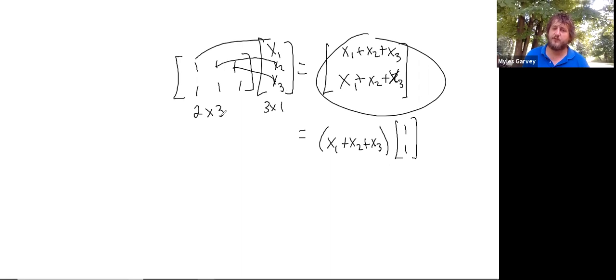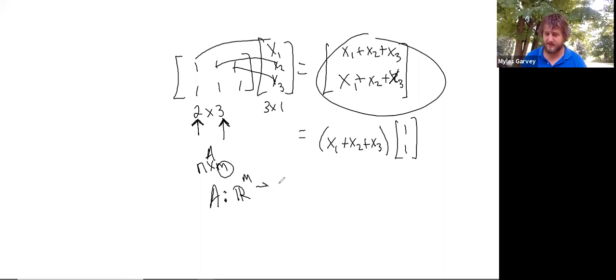So we can view matrices as functions which convert vectors of the dimension given by the number of columns to other vectors of the dimension given by the number of rows. So for any n by m matrix, the way we can think of a matrix is as a function from m-dimensional space to n-dimensional space.